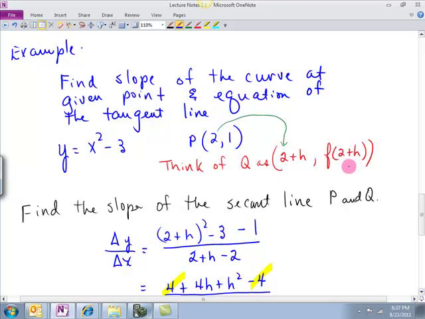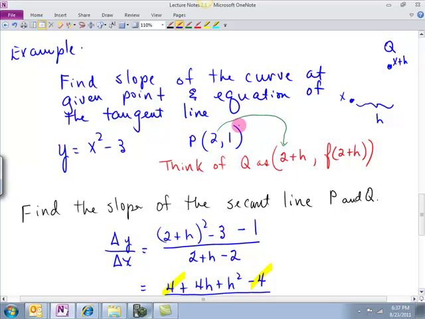Does that make sense? We don't know what Q is. Here's P, and we're saying this is Q up here, and that we've moved some distance h. So if this is x plus h, well, we know x is 2, so this is going to be 2 plus h. Does that make sense? Sort of.